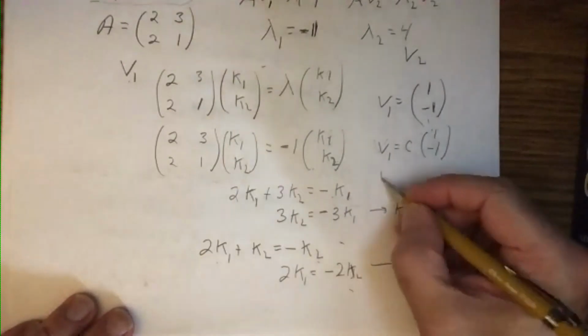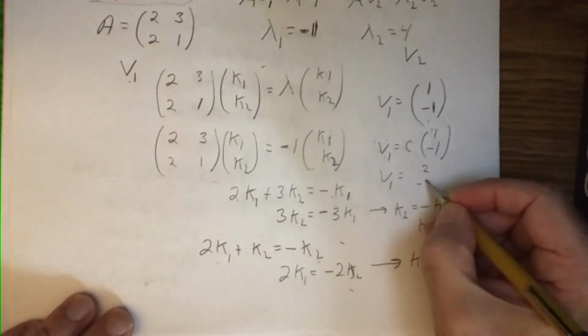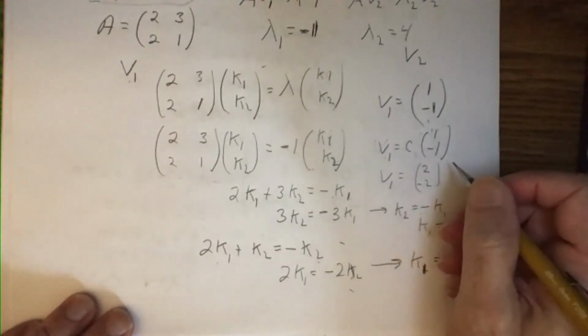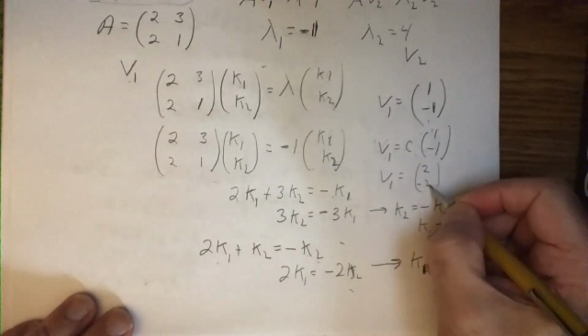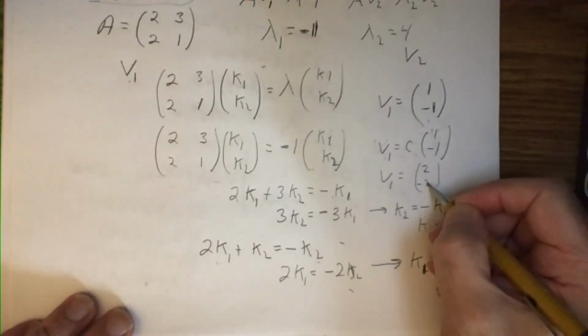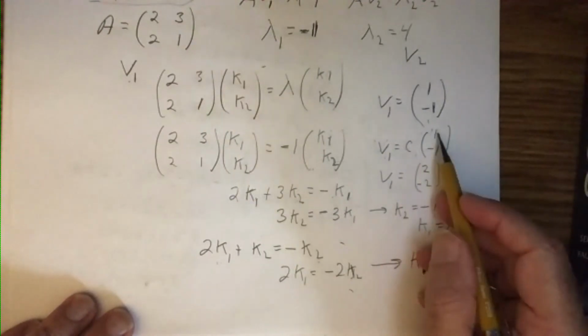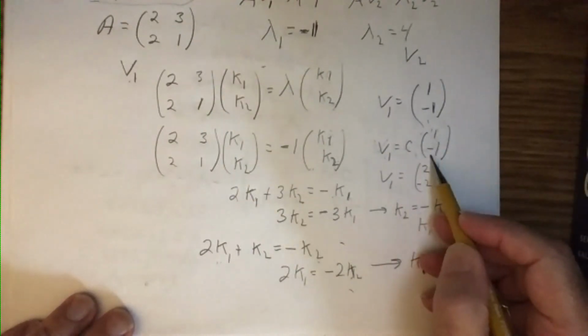In other words, V1 can also be 2 and minus 2. It could be 3 and minus 3. It can't be 1 and 4. It can't be anything you want, but it could be any constant times the 1, minus 1.